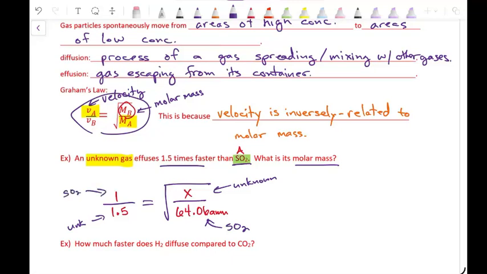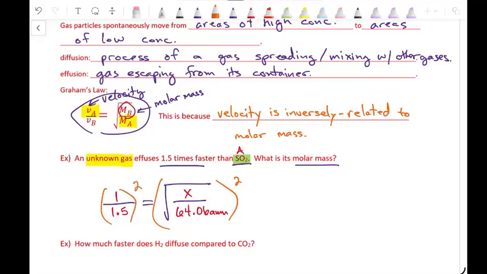And now we just have to solve for X, right? So if X is in the radical, it's in the square root sign, then we need to square it to get rid of that square root sign. So we've got to square this side, but we can't just square one side, we've got to square them both, right?